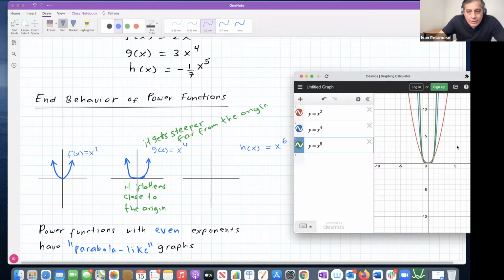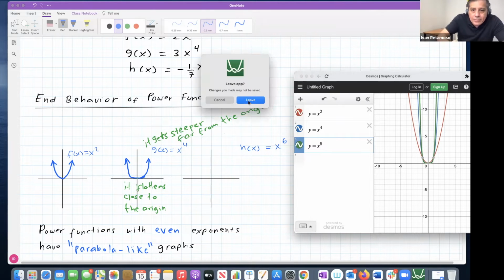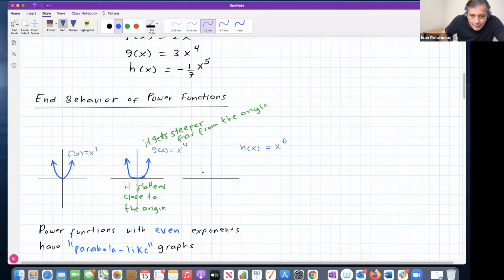I encourage you to play around with this Desmos graphing calculator to confirm these facts. So basically, the graph of h of x equals x to the 6, you should expect it to look like a parabola, but very, very flat here, and steeper here than the one before. That's h of x equals x to the 6.